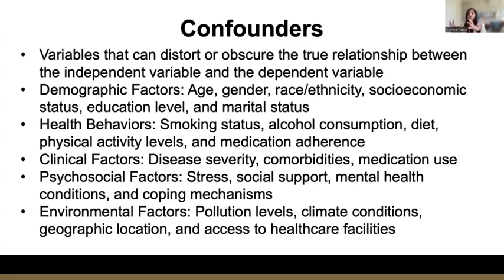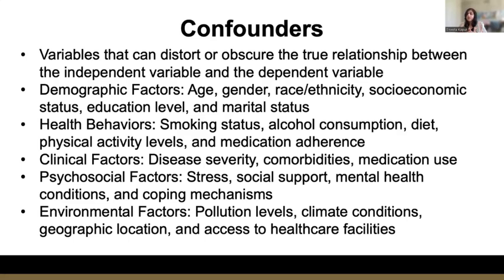And different covariates can act as confounders, which means we can have demographic factors such as age, gender, race, ethnicity, socioeconomic status, education level, marital status. Then we can have health behaviors like smoking status, alcohol consumption, diet, physical activity levels, medication adherence, and things like that that can act as confounders.